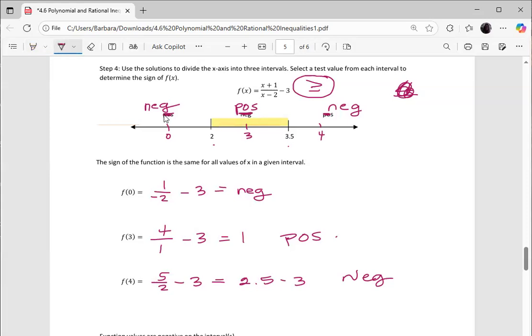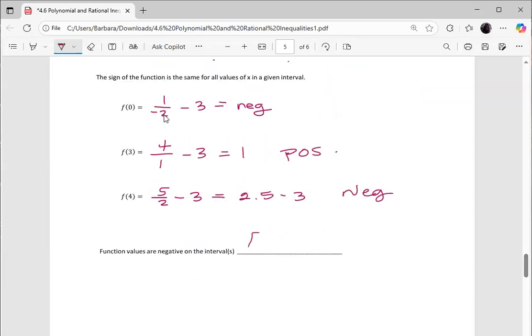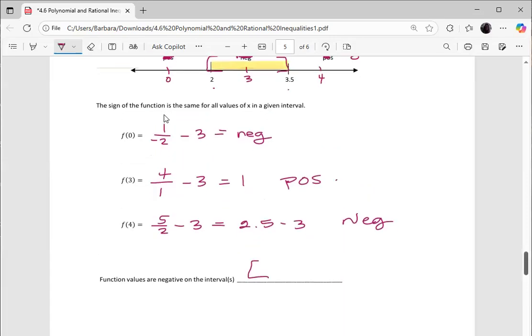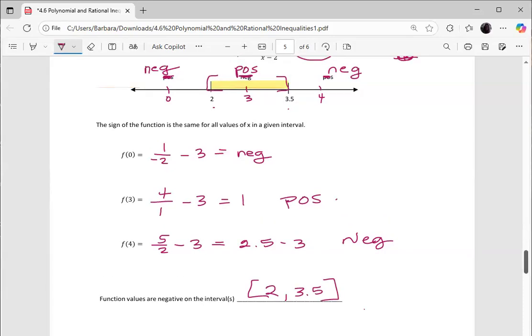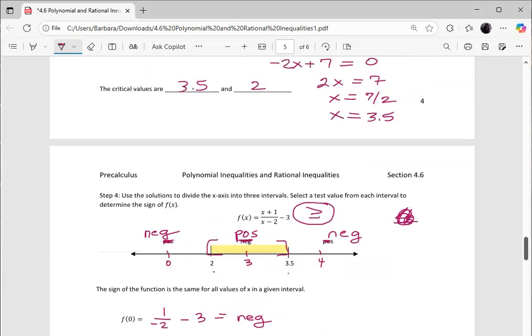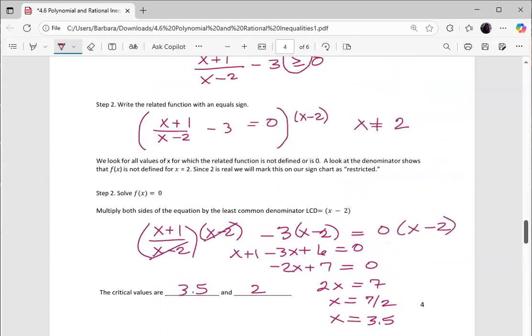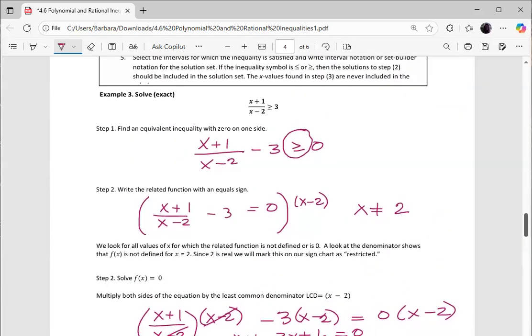And notice because of the equal sign, it's going to be closed. So our answer is from 2 to 3.5. Now, the 2 is a restriction from the first thing we did.